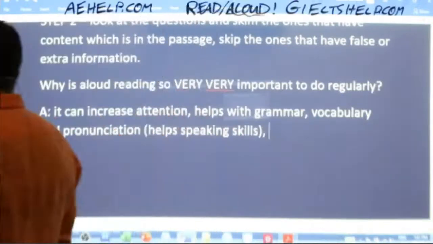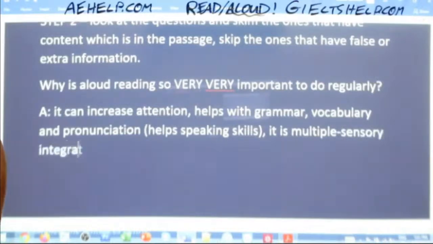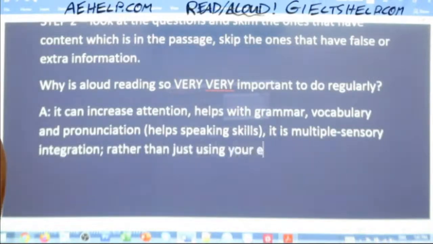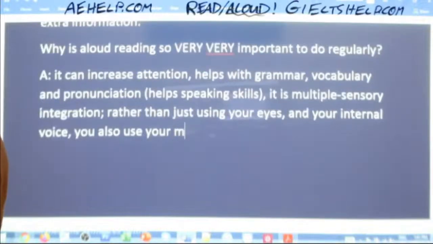Also, it's what's called multiple sensory integration. Which means rather than just using your eyes and your internal voice, you also use your muscles, which is your sense of touch, right?